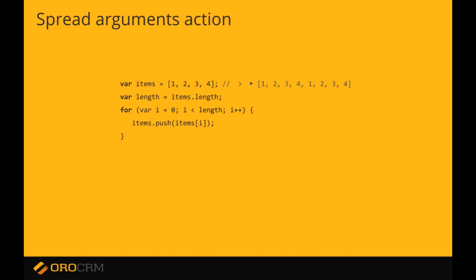We can use a cycle, and inside the cycle we can push each item separately one by one. This code works, it's fine, but we know a trick that allows us to push all elements at once.